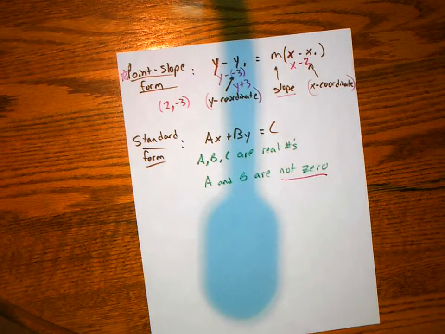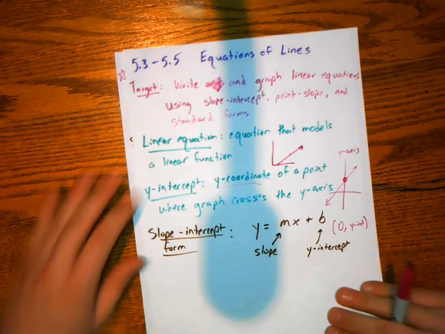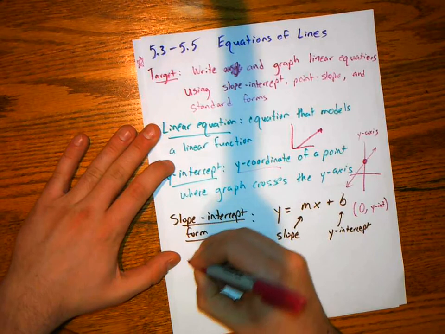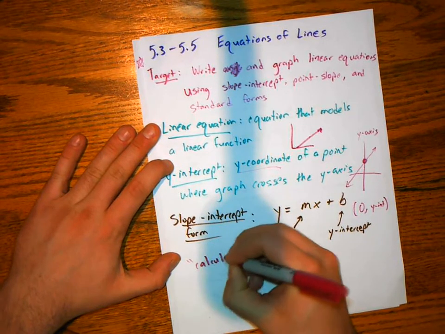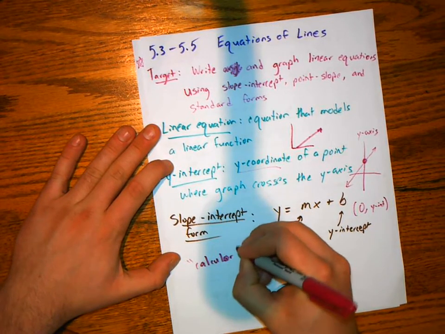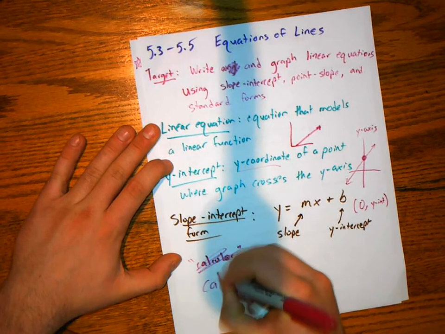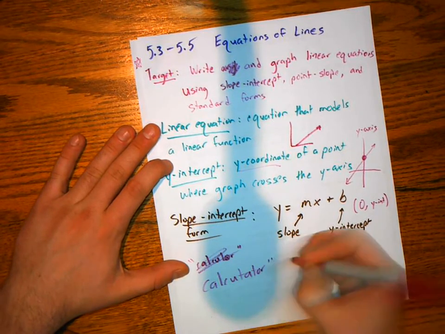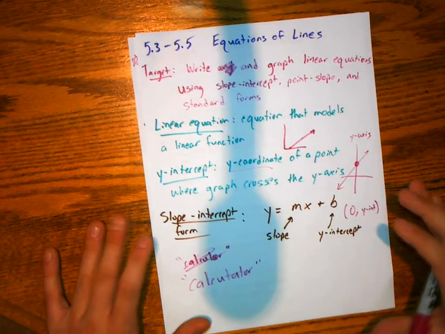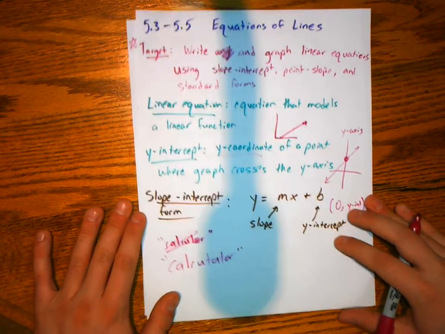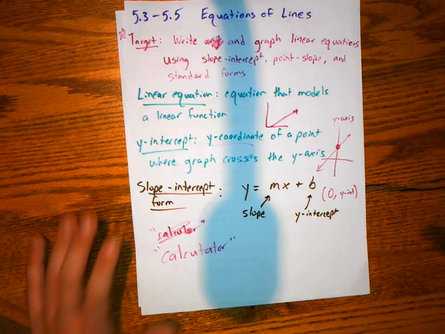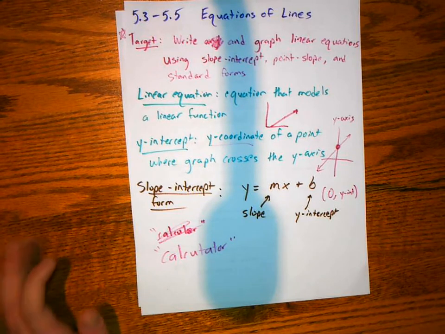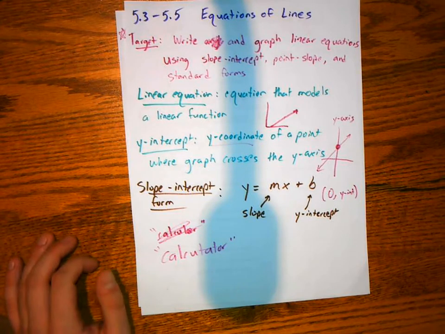One thing I will say about slope-intercept is that this is known as the calculator form. Calculator. I can't spell today. So this is the form that you always want to get your equations plugged into if you want to plug it into the graphing calculators. You can't use any other form plugging that in exactly the way it is.